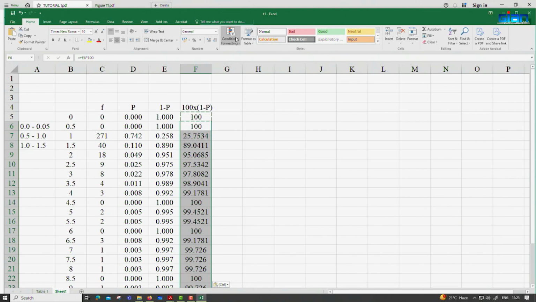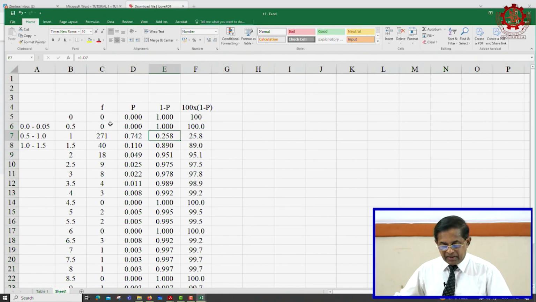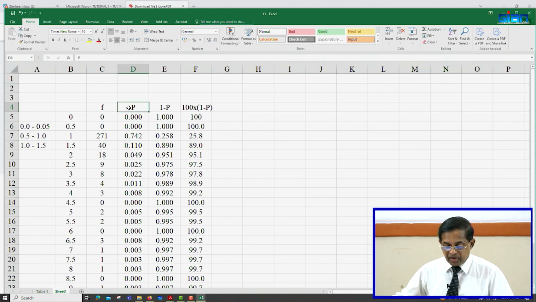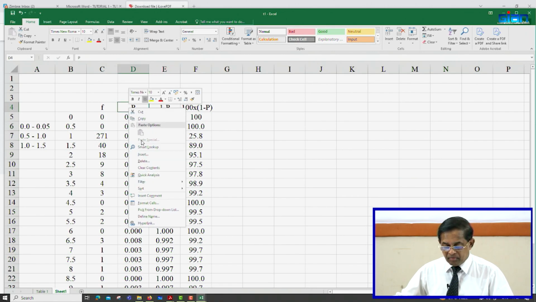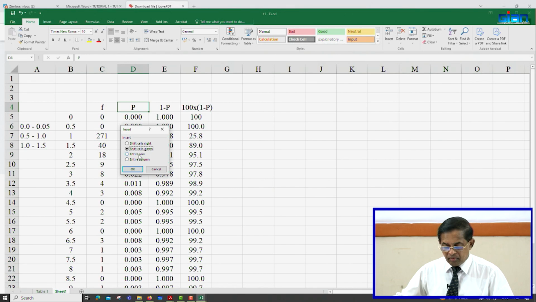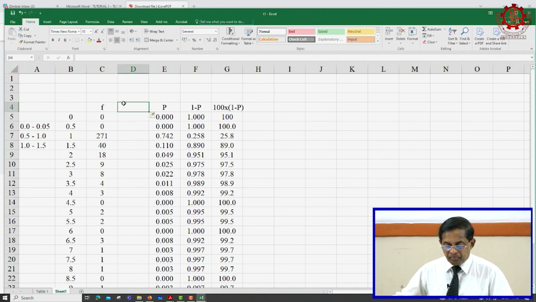Again I will adjust the decimal point, say to 1. Here I made a mistake because we have to get a cumulative frequency first, right. So, I will insert a column here.